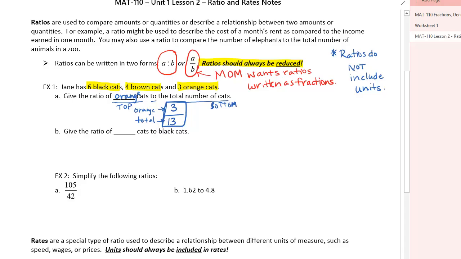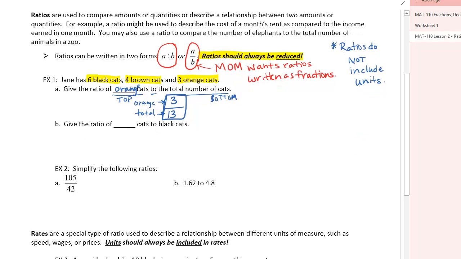For B, we're asked to give the ratio of brown cats to black cats. So brown cats would go on the top, and black cats would go on the bottom. We're going to have brown on top over black this time instead of total on bottom.